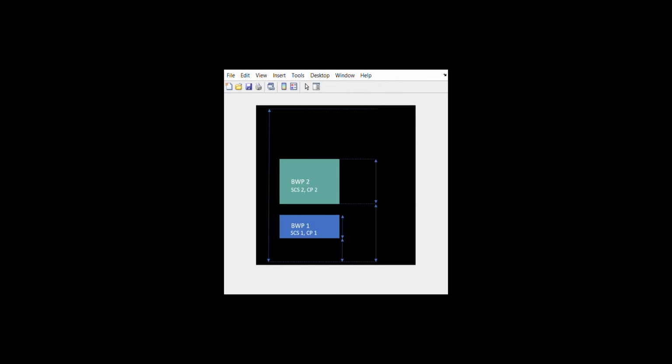Then this opens up something like this. The blue part corresponds to one bandwidth part, and this green one corresponds to another bandwidth part.